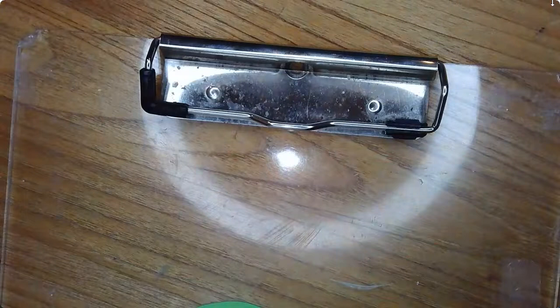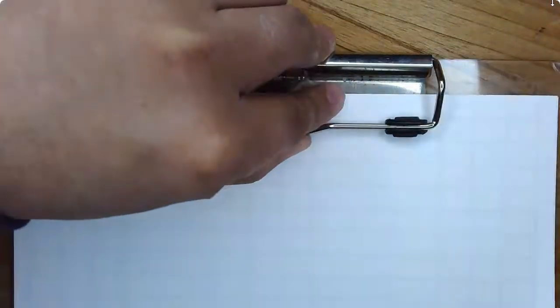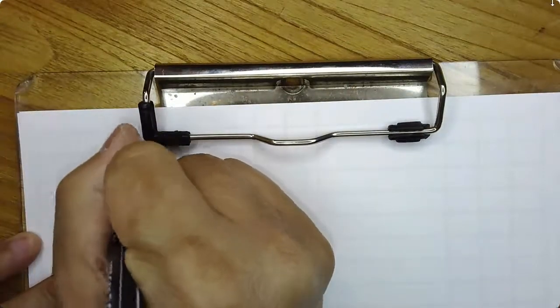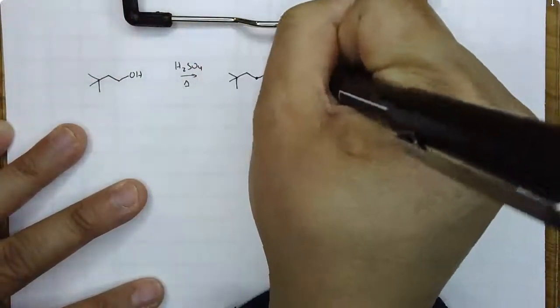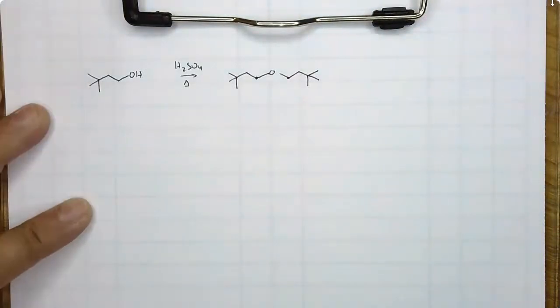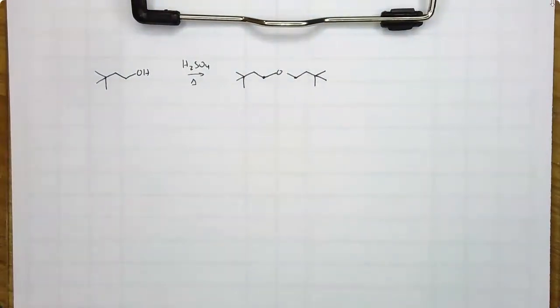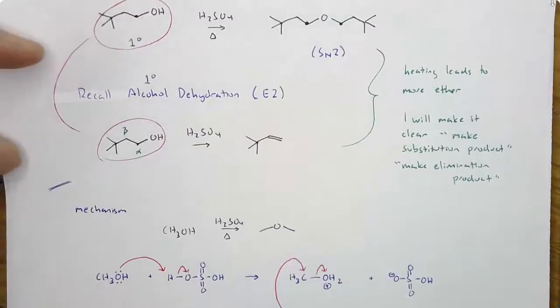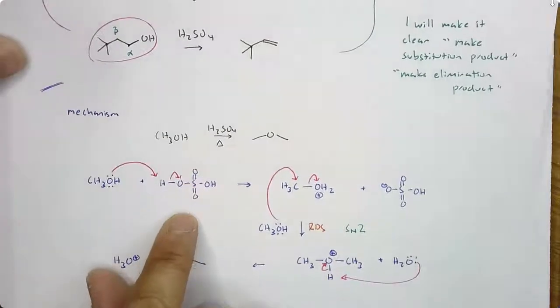Maybe you could test yourself. So the problem is draw the mechanism for this reaction. Now typically when you have sulfuric acid, you would be allowed to use H3O+ to do the protonation down here.